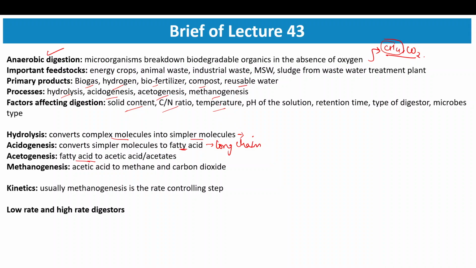So you need to choose temperature wisely such that the activity of microorganisms is quite high. Then pH, retention time, how much time you are providing, the type or design of the digester, and the type of microorganisms, everything affects the digestion process.